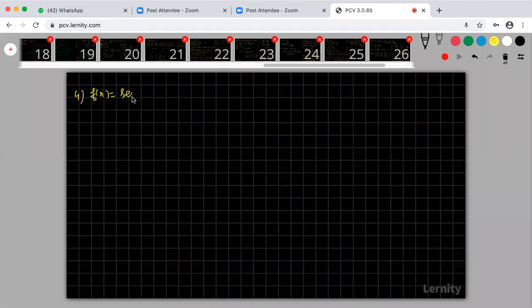My f of x is equal to secant x. What is your secant x? 1 by cos x. This x is not equal to (2n plus 1) pi by 2, that means odd multiples of pi by 2. For odd multiples of pi by 2, the function is not defined. See that?